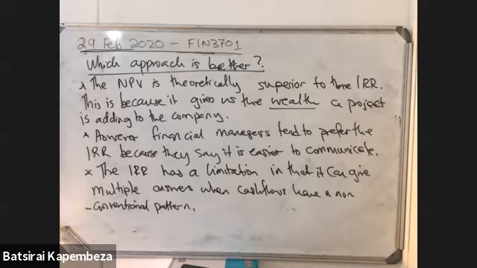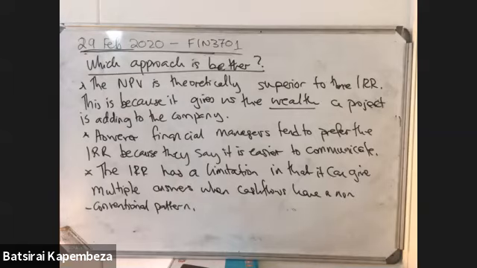When we have conventional cash flow patterns, money goes out and money comes in. That's what we've been looking at. But when we have non-conventional, money goes out, then maybe after 1 year, money comes in. Then after 2 years, maybe money goes out again. After 3 years, money comes back in.